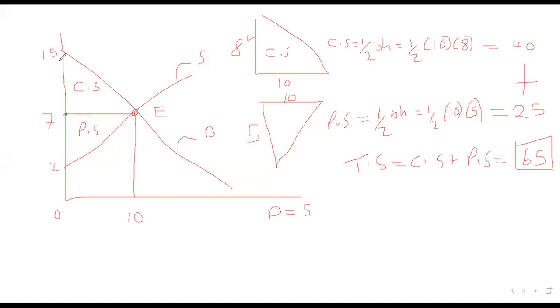So this is called the producer surplus. Consumer surplus is the price above which the consumer is willing to pay. You know that the market price for tomato is 7 kwacha, but I can even pay 15 kwacha. So the area below the demand curve is called consumer surplus, and the area above the supply curve is called the producer surplus.